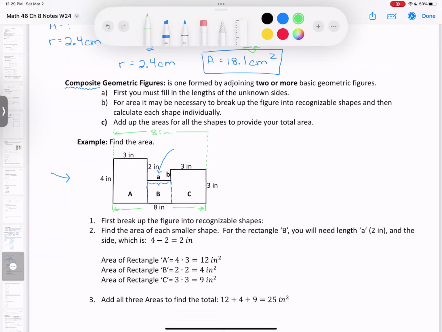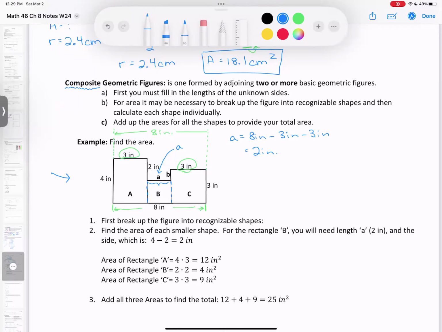So that overall length is 8 inches. 3 of those inches were used for that first rectangle, and rectangle C uses up 3 inches. So A must equal your total length of 8 inches minus 3 inches minus another 3 inches, which gives us 2 inches left over for A. We need to know that to calculate the area.